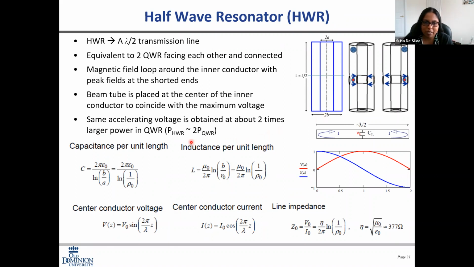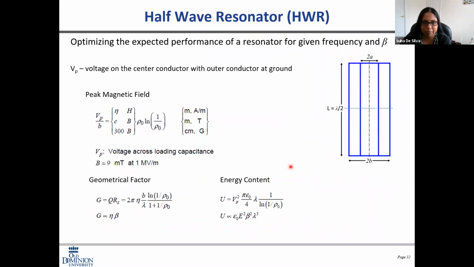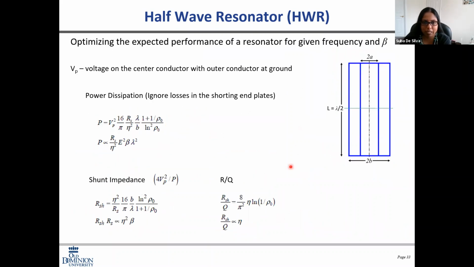The power in a half wave cavity is twice the quarter wave cavity. And then you have the magnetic field on the top and the bottom of the cavity that circulates around the cavity. Similar to the quarter wave cavity, I have put down all the formulas again, but I'm not going to go through them, but you're welcome to have a look at it later.